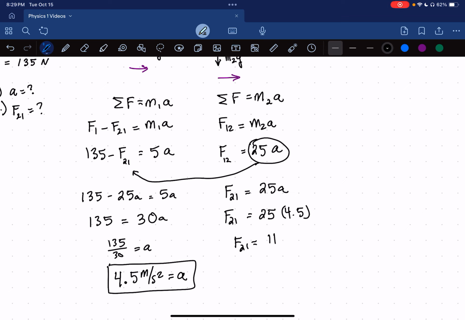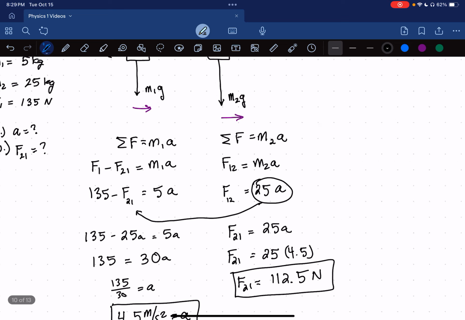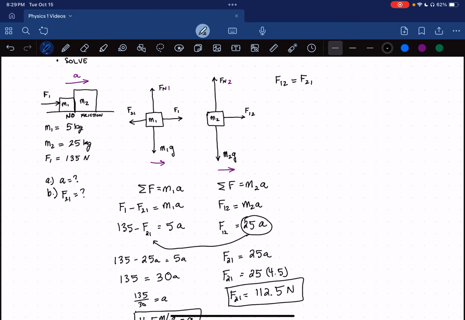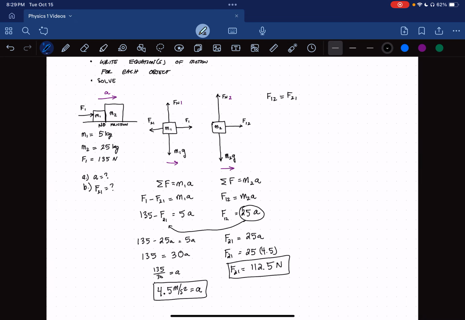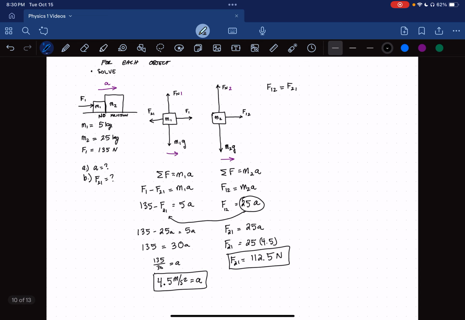We should get a result of 112.5 newtons is the amount of that force. That's A and B.